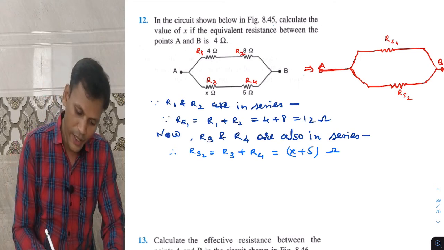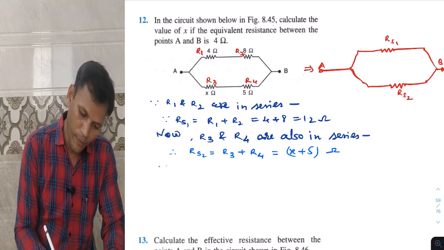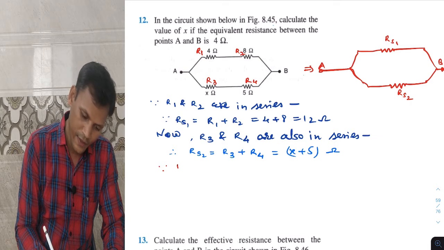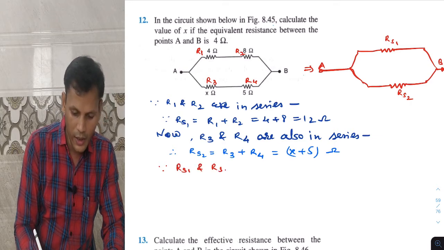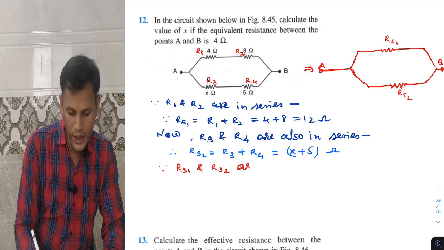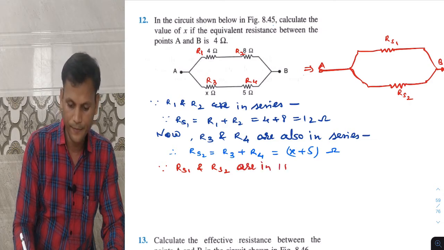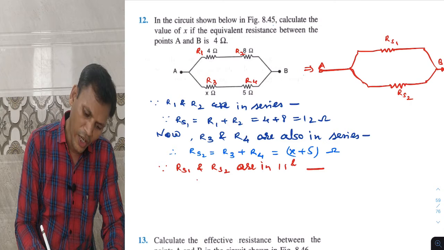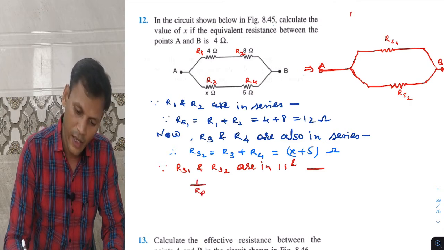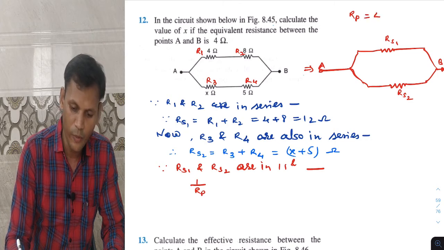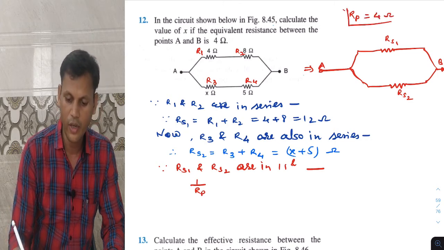parallel. तो हमें दिया है, so now we can write since Rs1 and Rs2 are in parallel. So 1 upon Rp, and Rp is given as 4 ohm. We will use it later on.